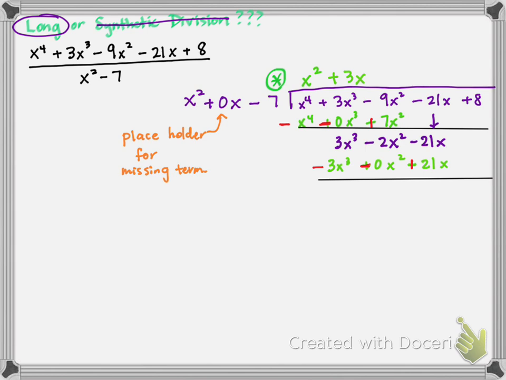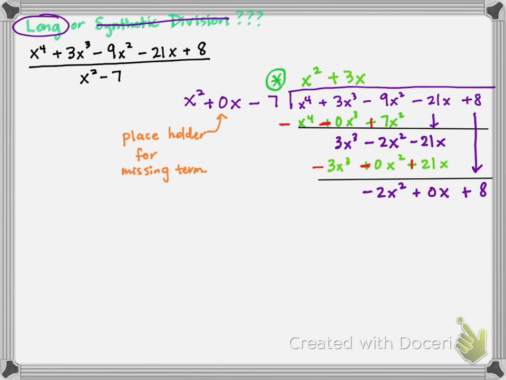Negative 2x squared minus 0x squared is still negative 2x squared. Negative 21x plus 21x is going to give you plus 0x. And then I'm going to bring down the 8 that I have, so I have plus 8.